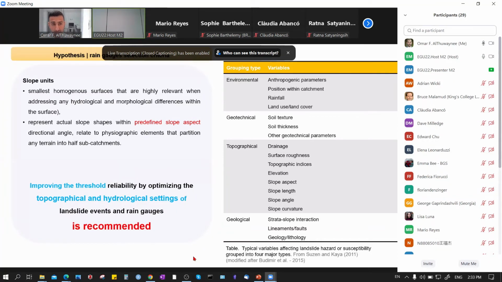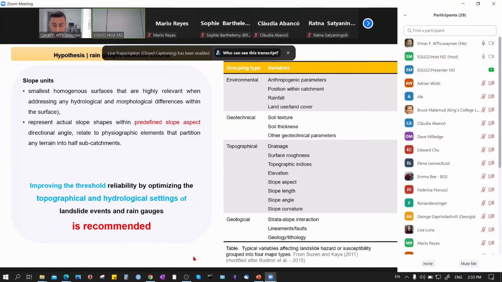It can also be useful in a very high density study area, like for example Kuala Lumpur in Malaysia, or Seoul in South Korea, where the landslide happens in an urban area surrounded by too many rain gauges. So we are trying to come up with an improved threshold by following this concept.